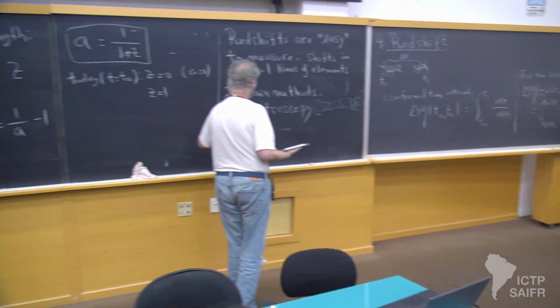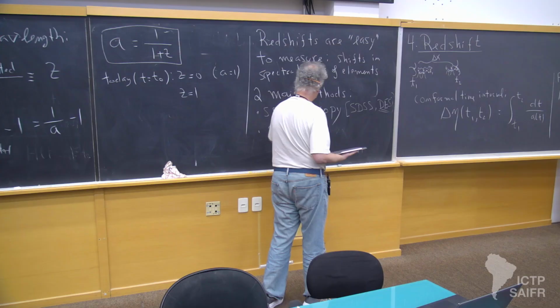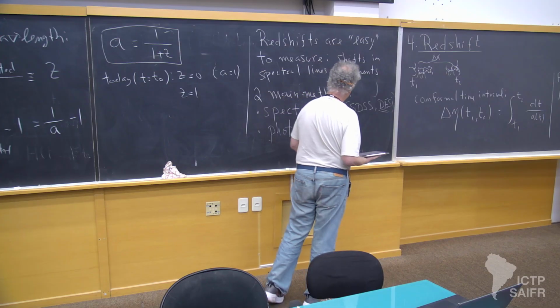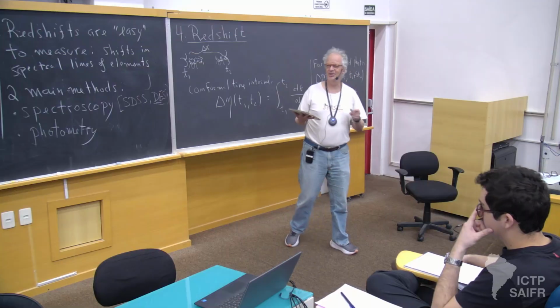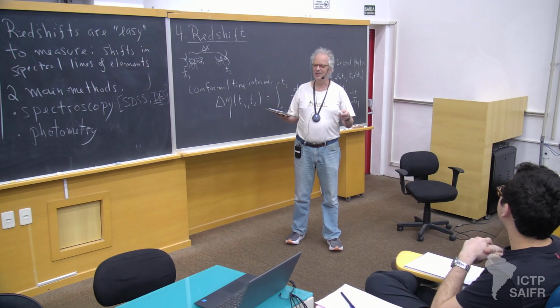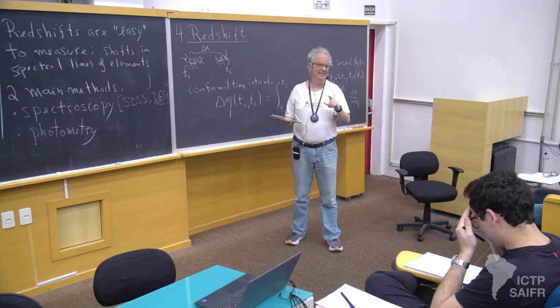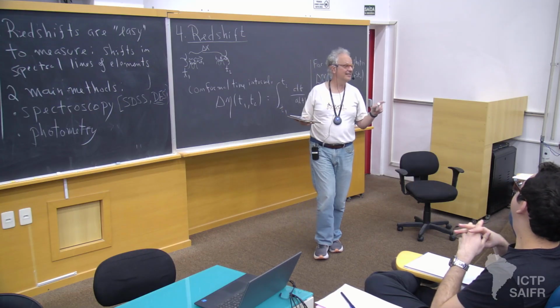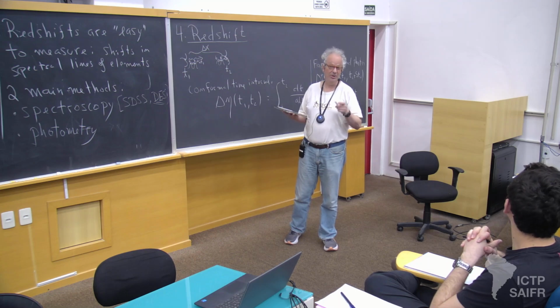And there's another method, which is called photometry. And photometry, as the name says, is just to take photos. Take pictures, like the picture I showed yesterday. Then you don't need to know where the galaxies are, because you get pictures of all of them. However, you don't have the spectra.